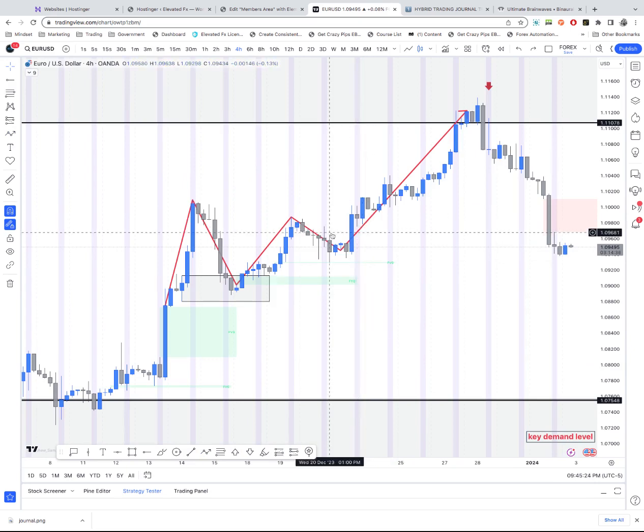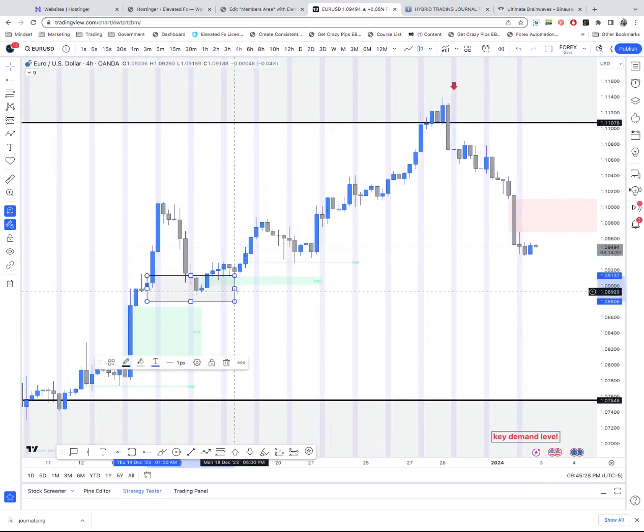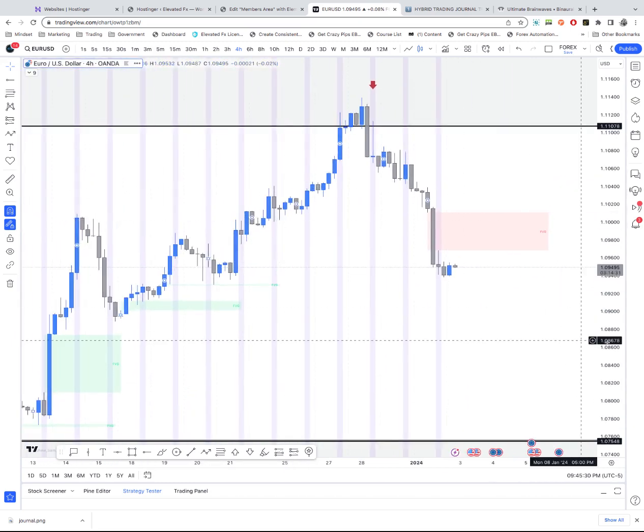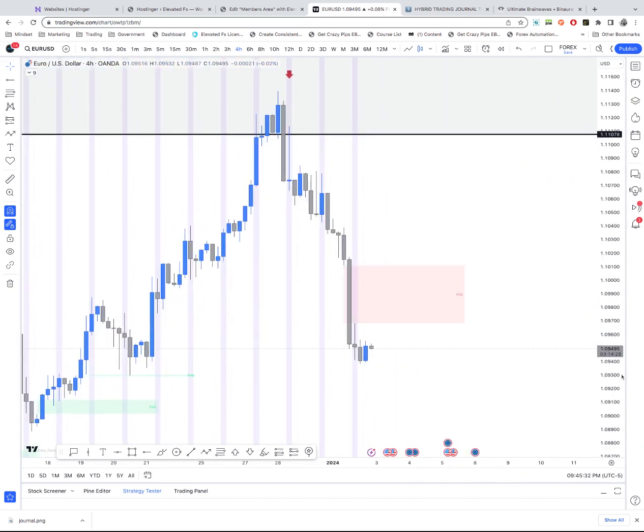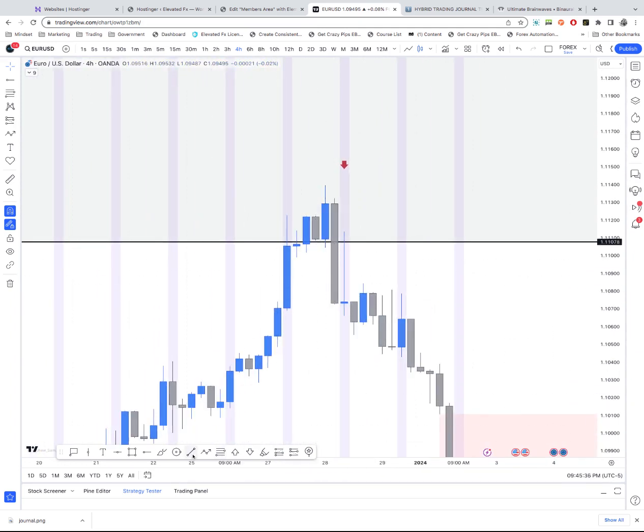So let me just remove this real quick. Let's just focus on the key level that we're talking about right now. And again, very, very simple. So price came inside of this level and it created an order block, a demand level. It went like this, right? Created a leg, accumulated in that gray candle, and then went higher. And then immediately broke this down.